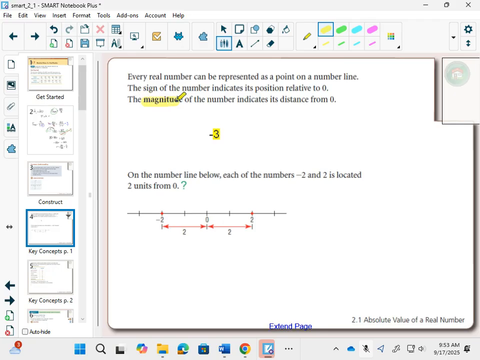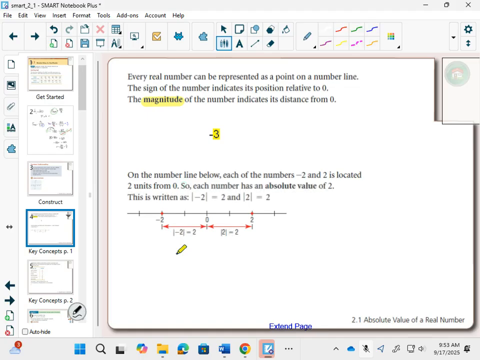We say the magnitude of a number is how far it is away from 0. And we write that with an absolute value sign. So when we want to find out how far something is away from 0, we put absolute value lines around the number.